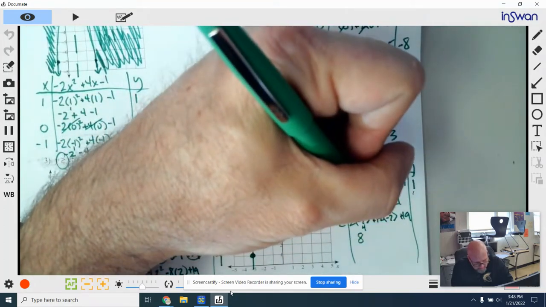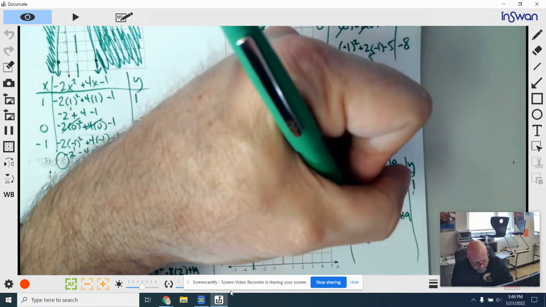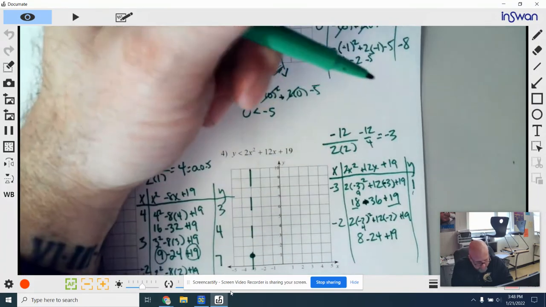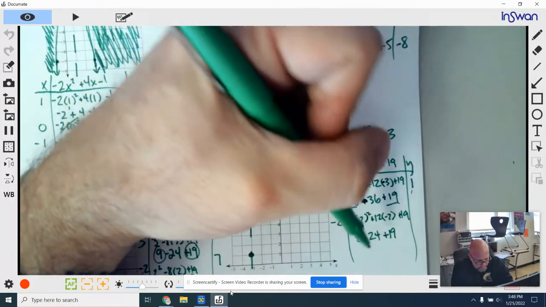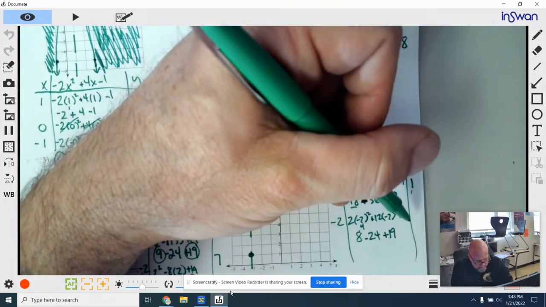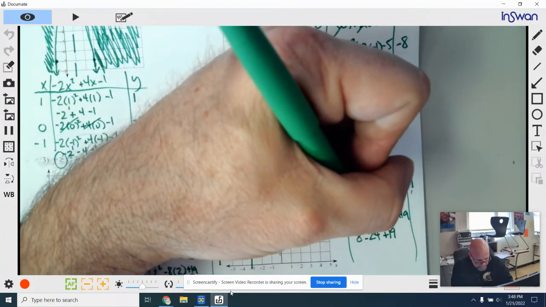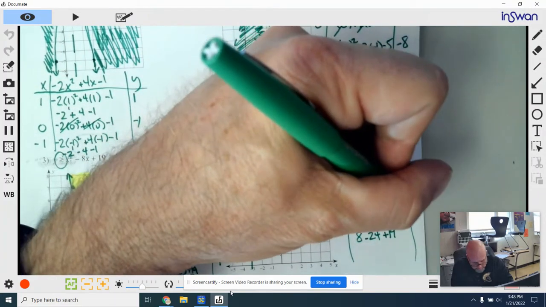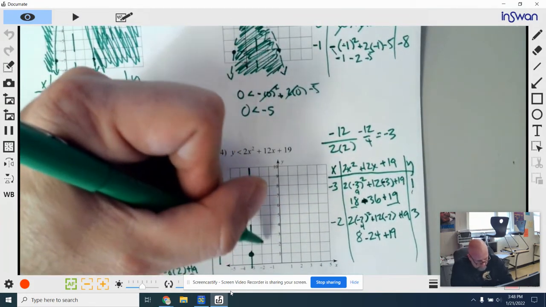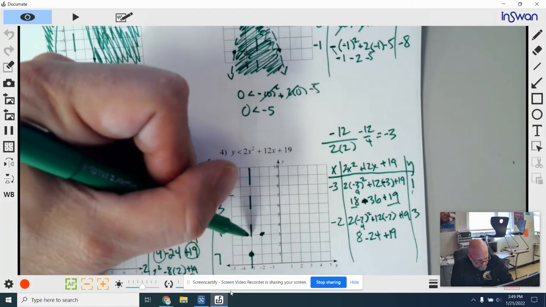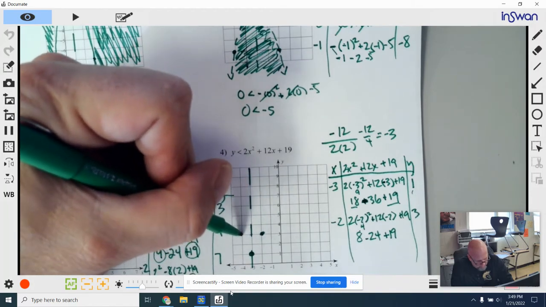And then 12 times negative 2 is negative 24 plus 19. So 8 and 19, that gives me 27. 27 take away 24 gives you 3. So at negative 2, you're at 3. Okay, we're going to reflect it over. So it's 1 away, go 1 the other way.